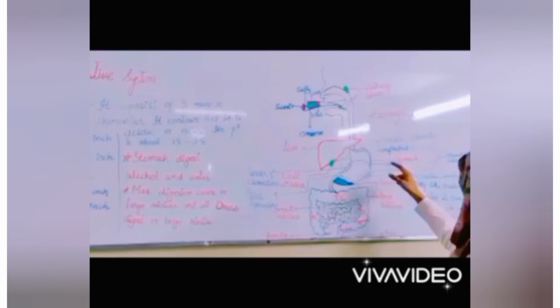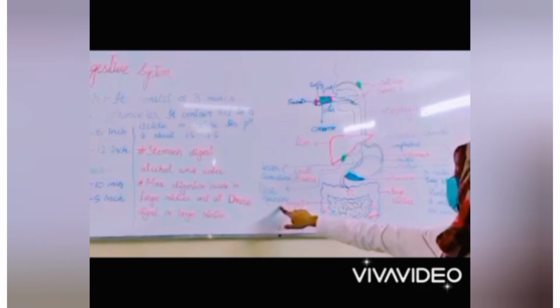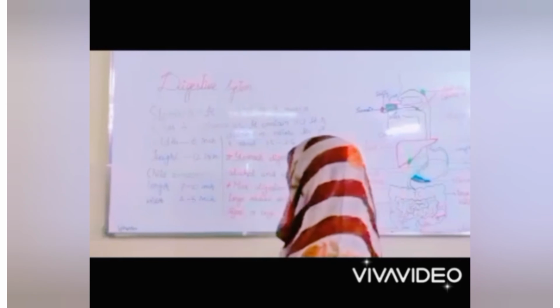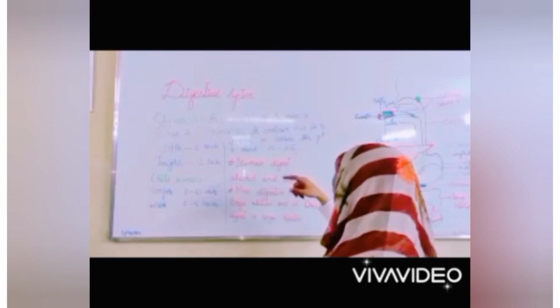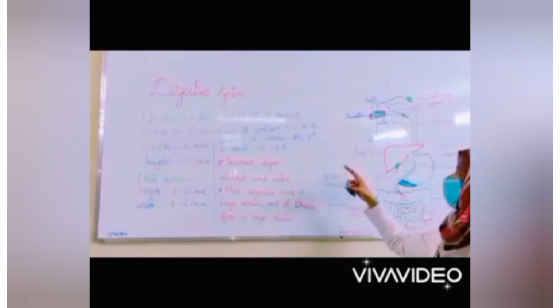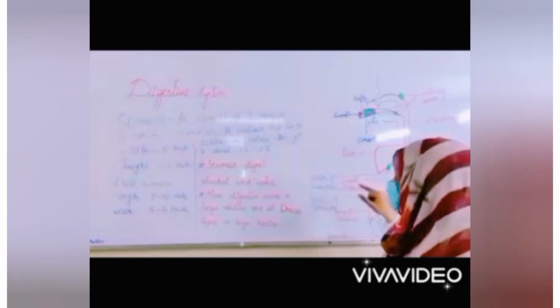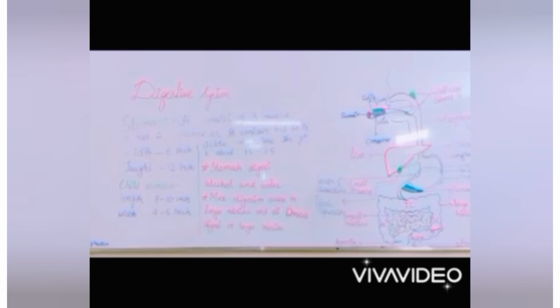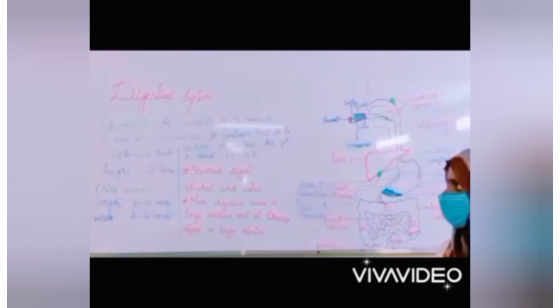First, cardiac sphincter. Second, pyloric sphincter. It contains HCl. It is acidic in nature. Its pH is about 1.5 to 3.5.